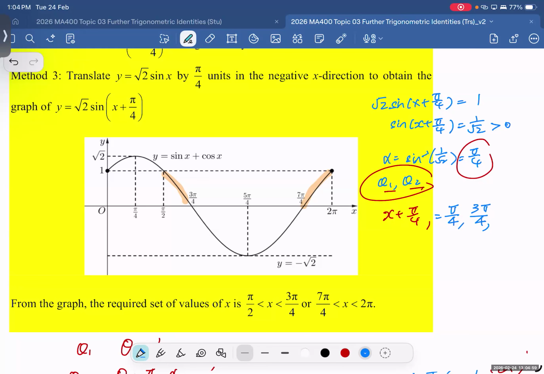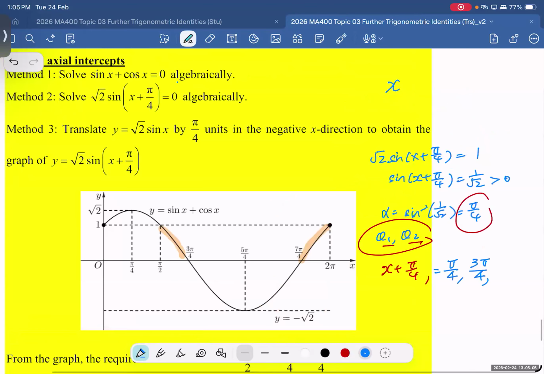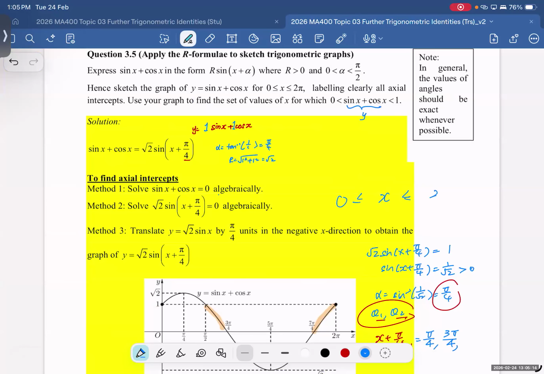I will write down one more, because of x plus pi over 4. Now, x here is between 0 and 2 pi. But however, the range is changed. The range is changed for x plus pi over 4, which tells me that my range is going to be between pi over 4 and 9 pi over 4.